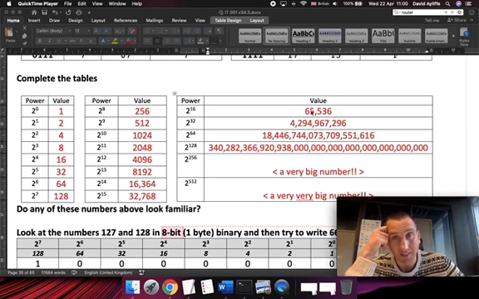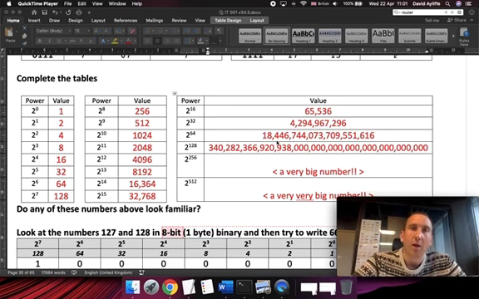2 to the power 16 is a very important number in computing, 65,536. 2 to the power 32, also a very significant number. 4,294,967,296. 2 to the power 64 is, so that's thousands, hundreds of thousands, millions, billions.